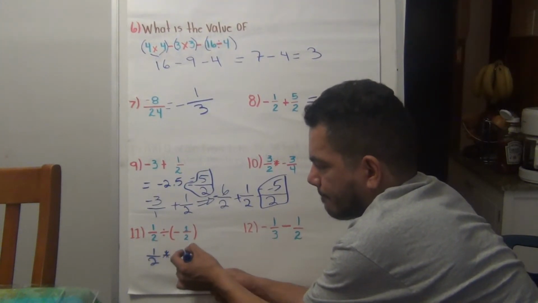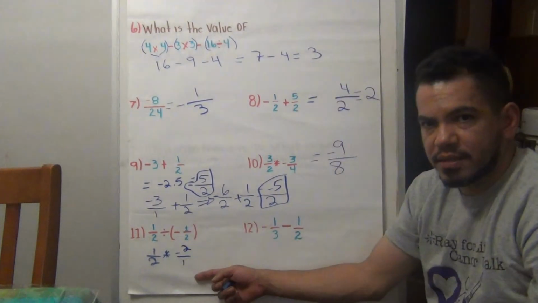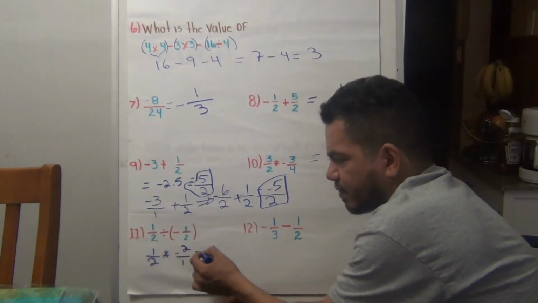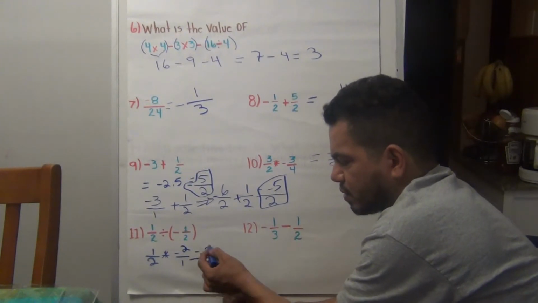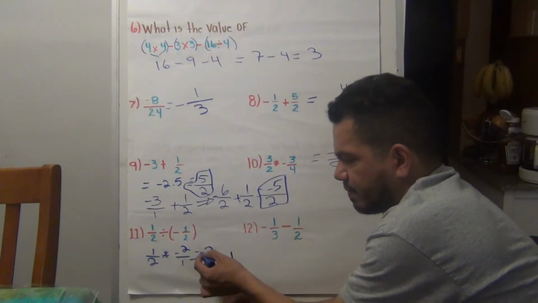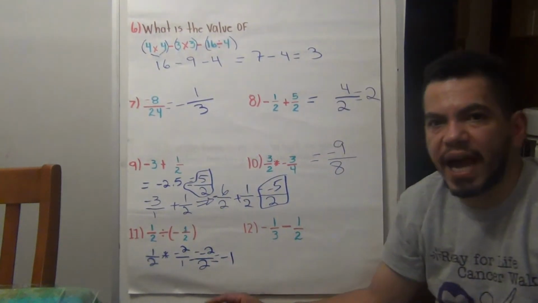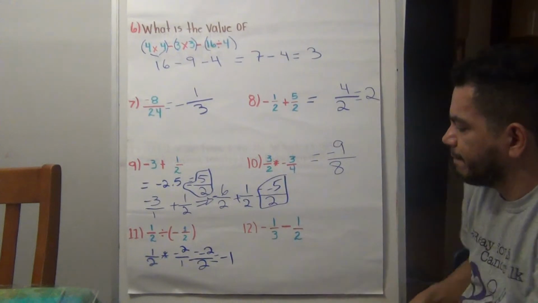So, flip the fraction, correct? And then I end up with 1 times negative 2 is negative 2, over 2 times 1 is 2, 2 divided by 2 is 1, negative divided by positive is negative, and we got it. Remember, you're supposed to try this first.